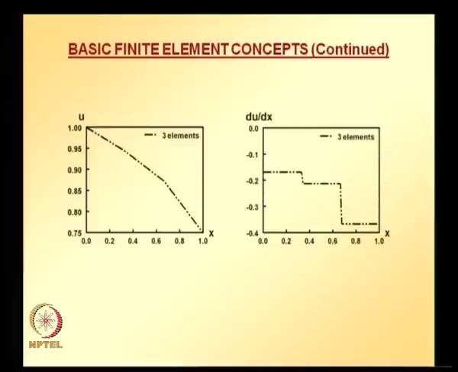The plot is shown for this particular problem. Actually, we solved this problem using a procedure similar to classical approximate techniques just earlier, and there I showed you a comparative plot of 1 element, 2 elements, 3 elements, whereas here only the 3 element solution is shown.